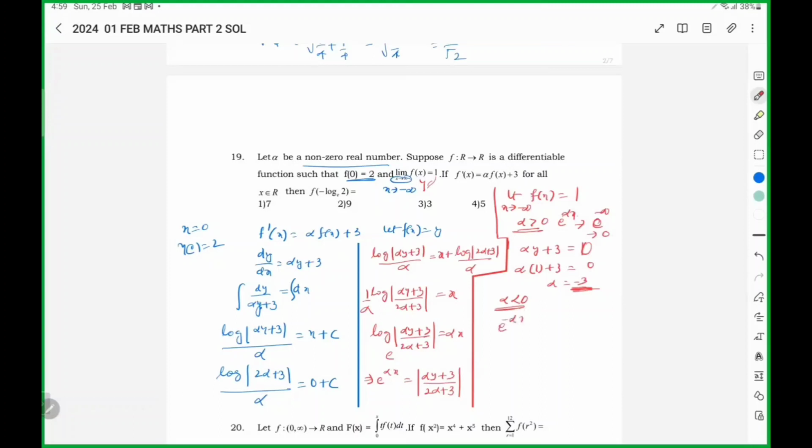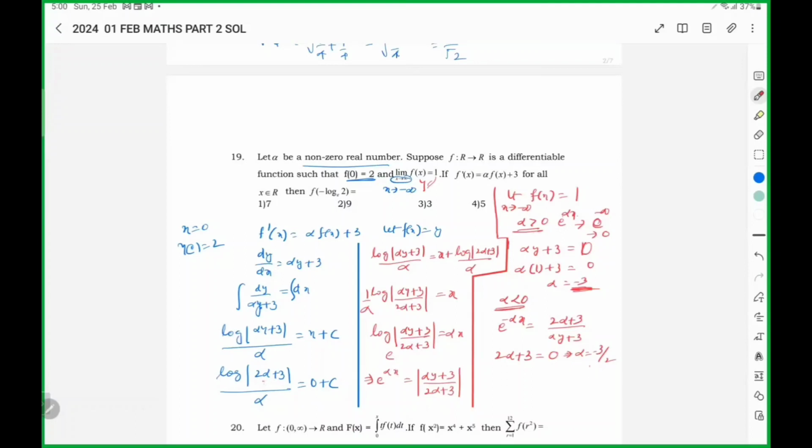E power minus alpha x, if you take 2 alpha plus 3 by alpha y plus 3, as x approaches minus infinity, it becomes 1. E power minus infinity is 0. In such case, 2 alpha plus 3 will be 0. Alpha is minus 3 by 2. If alpha is minus 3 by 2, it won't be defined.